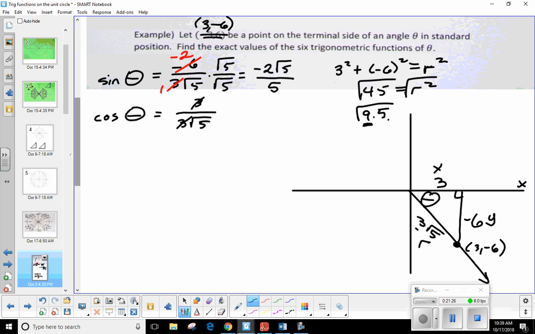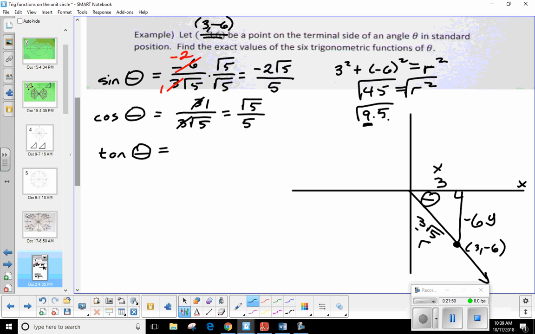Those 3's would cancel, leaving me the 1. So can anybody tell me what my final answer should be? Okay, square root of 5 over 5. So at this point, I'm just going to go ahead and start writing the answers. If anybody wants to see where it came from, please just say something, okay? All right, let's move on to tangent.